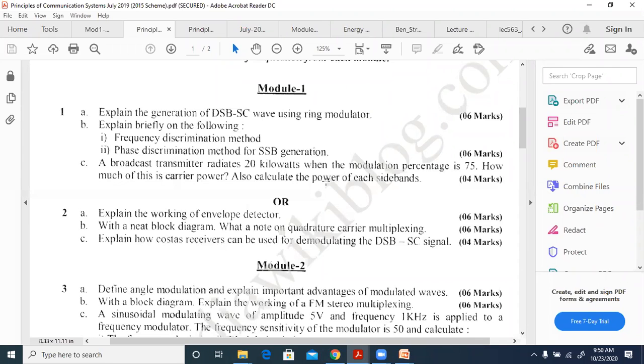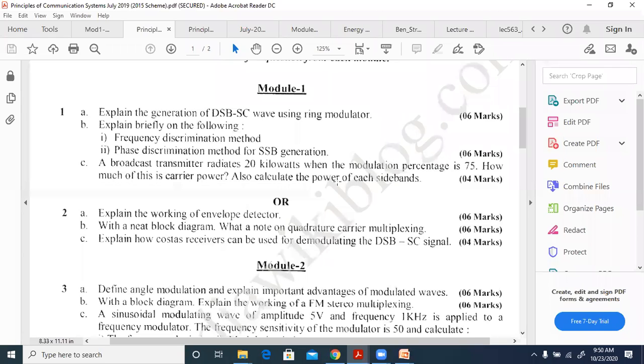Then the power in each of the sidebands will be mu squared by 4 into PC, right? Mu squared by 2 into PC will be the value of both the sidebands together. Mu squared by 4 into PC will be each of the sidebands, okay?